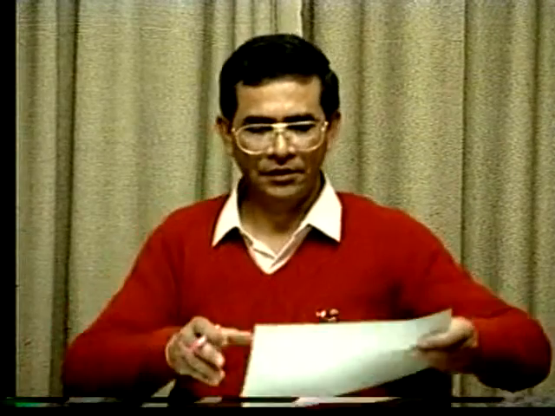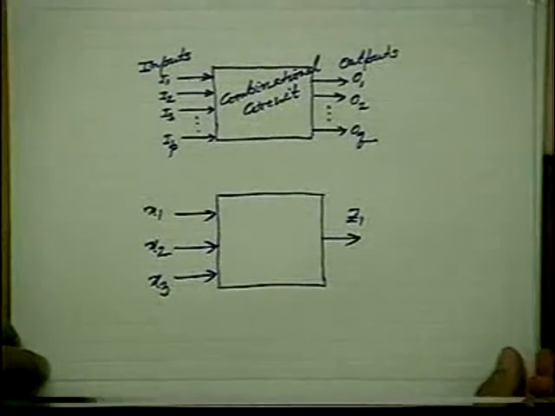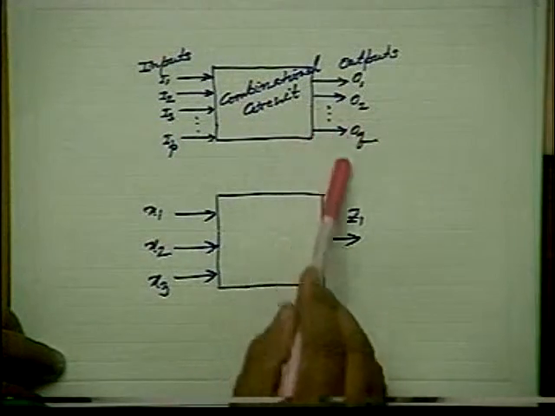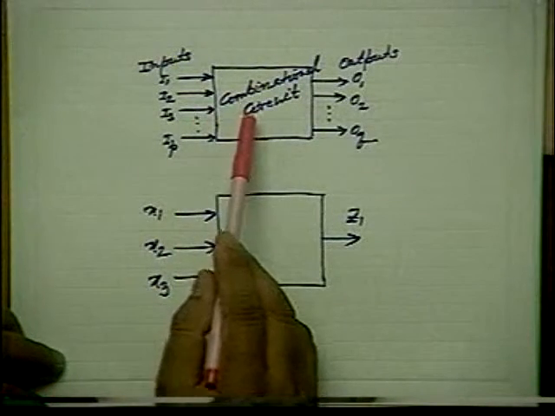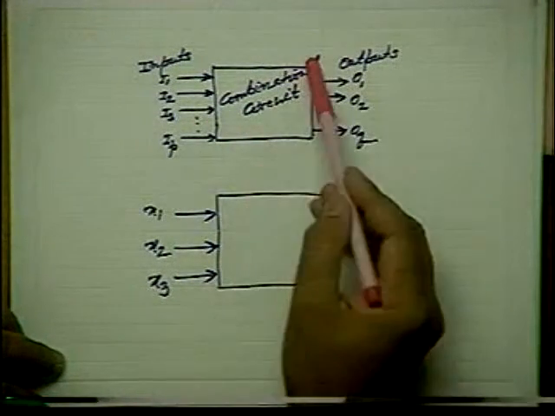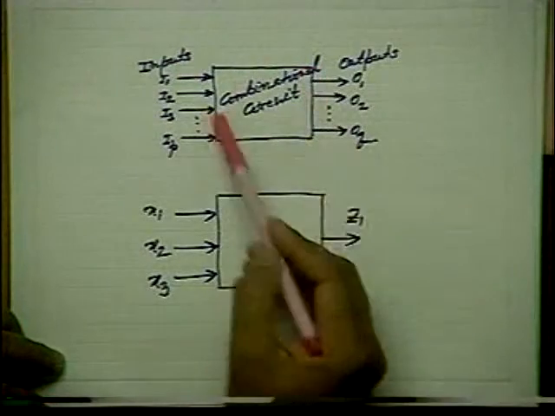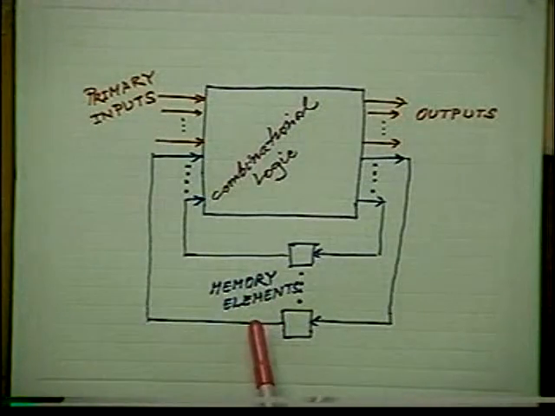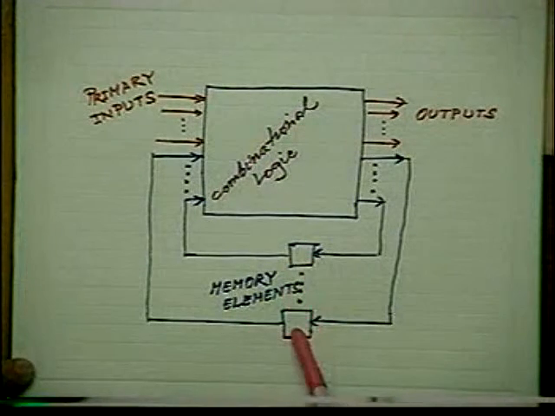Now, you can distinguish it distinctly from a combinational circuit. In a combinational circuit, we have inputs and outputs, with no feedback and no memory elements associated with it. Here is a combinational circuit. In the case of a sequential circuit, we have certain memory elements.